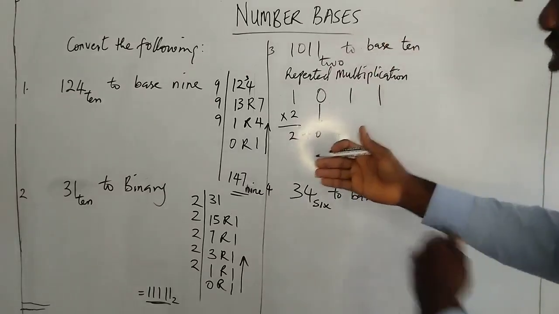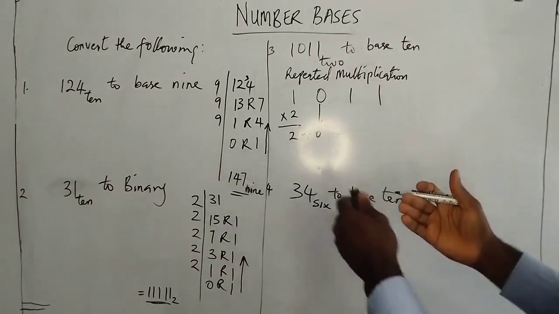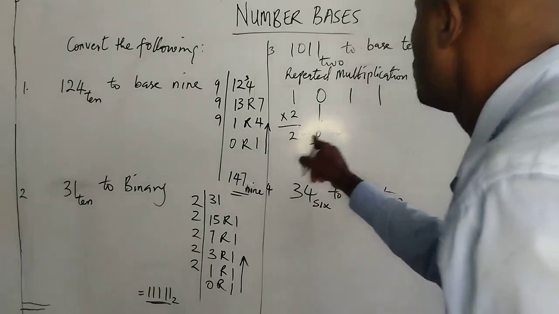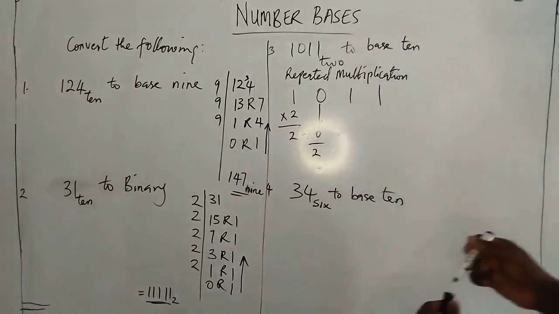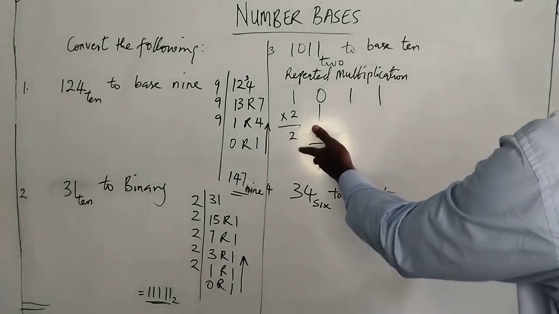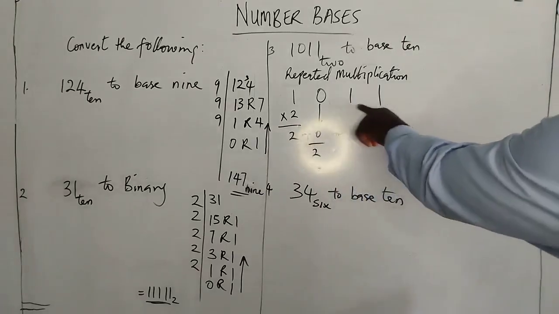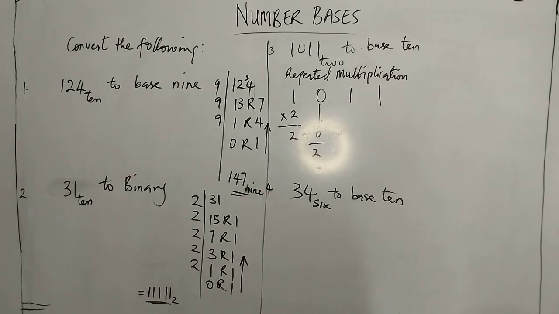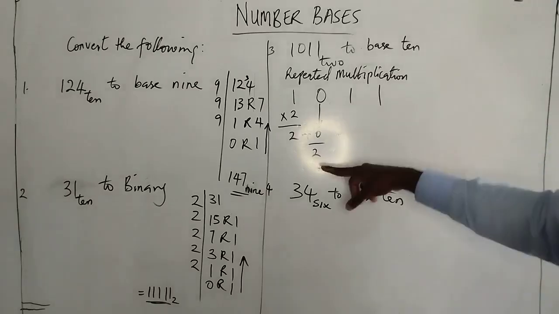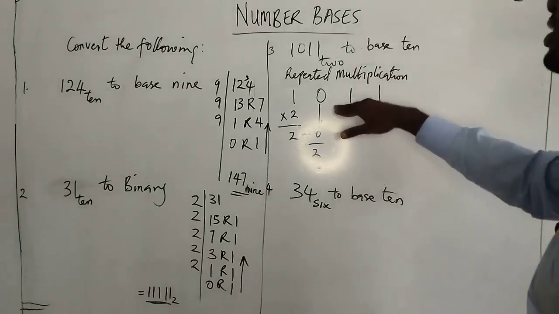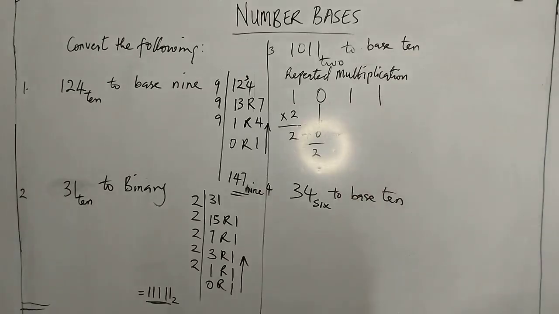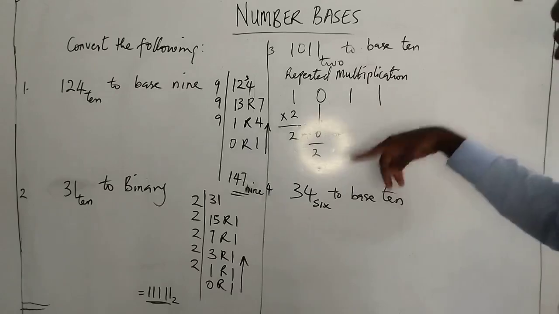So multiplication and addition, they go hand in hand. 2 plus 0 will give us 2. Should we multiply again? Yes, because we still have 2 digits left. You only stop multiplying when you discover that there are no digits left. Because we still have 2, we have to continue.